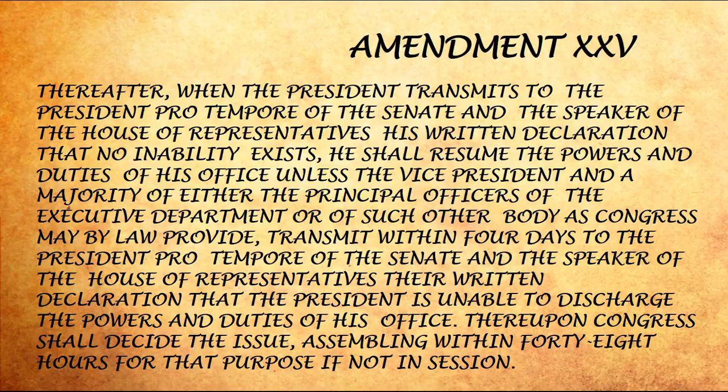he shall resume the powers and duties of his office unless the Vice President and a majority of either the principal officers of the executive departments or such other body as Congress may by law provide, transmit within 4 days to the President pro tempore of the Senate and the Speaker of the House of Representatives their written declaration that the President is unable to discharge the powers and duties of his office. Thereupon, Congress shall decide the issue, assembling within 48 hours for that purpose if not in session.